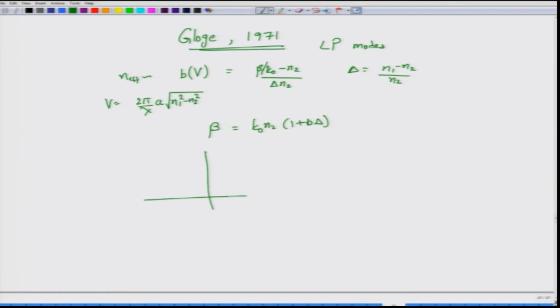So, of course, if you look at that famous diagram that we have plotted for B versus V, you will see that this is for the case of the 0-1 mode, and then you have a group of modes, which are essentially 1-1, and then 2-1, 0-2 modes which are very close to each other. Of course, this cutoff is occurring at 2.405, and this cutoff is occurring at just about 4. Okay. So, do not worry about the actual numbers.